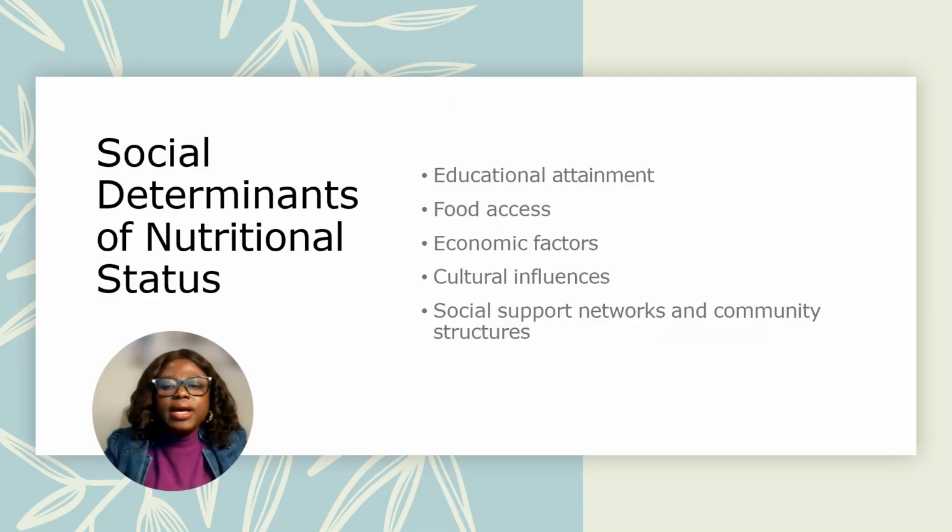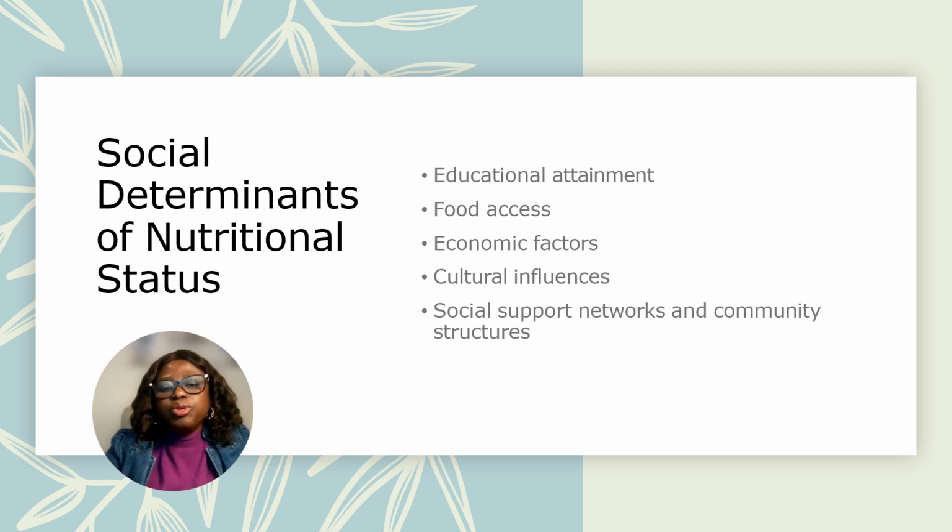All right, so what about the social determinants and their effect on nutritional status? Nutritional status is a very important measure for us to assess a person's health status. So educational attainment, for instance, influences nutrition through multiple pathways.